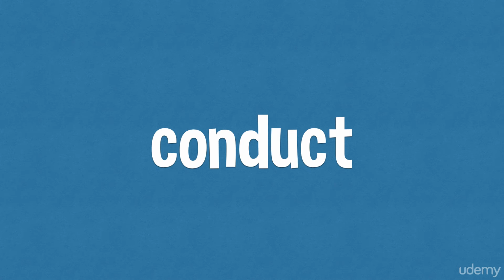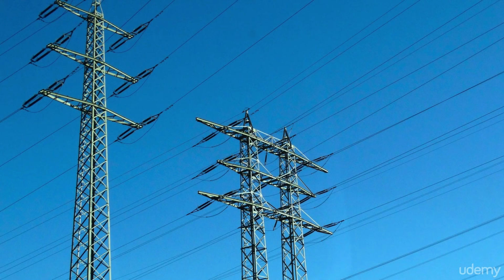But in science, what we're going to look at is some materials let heat and electricity go through it. So those materials conduct heat and electricity. So for example, here are some electrical pylons or towers and the electrical cables. And the cables are conducting electricity.